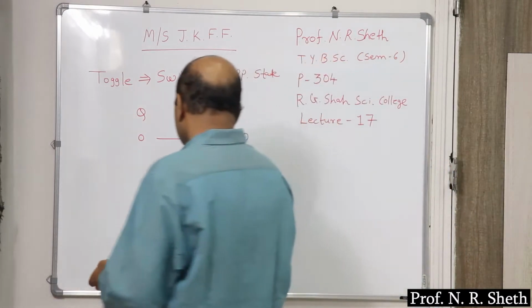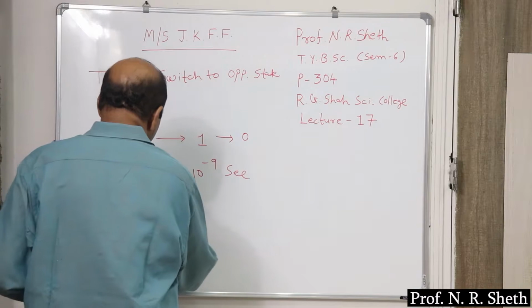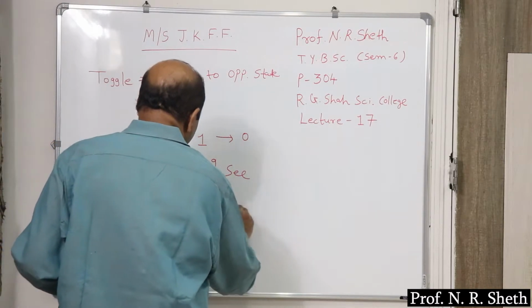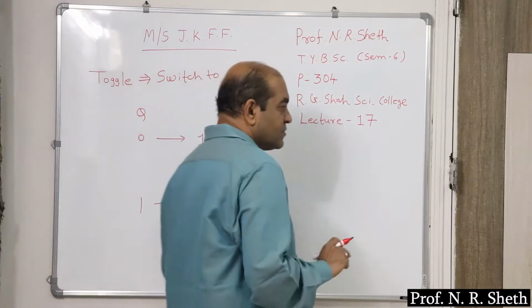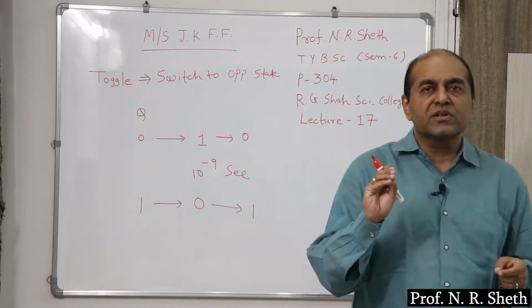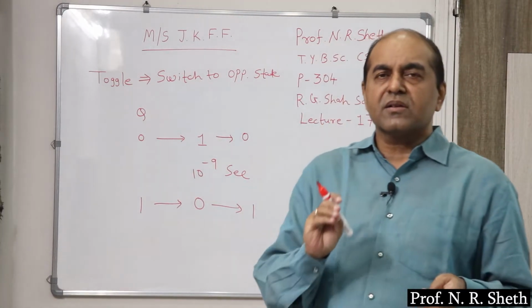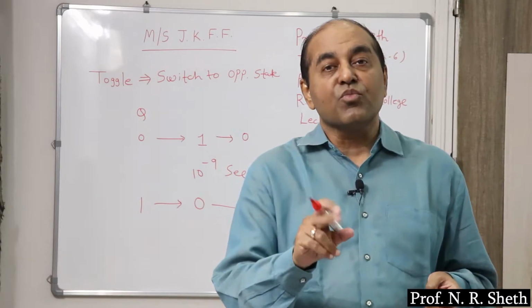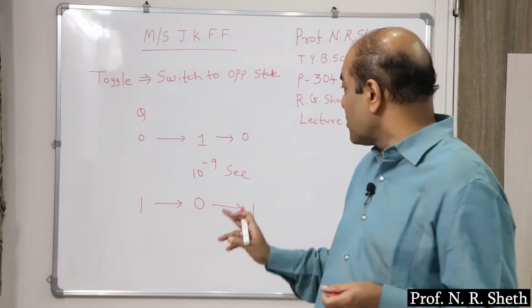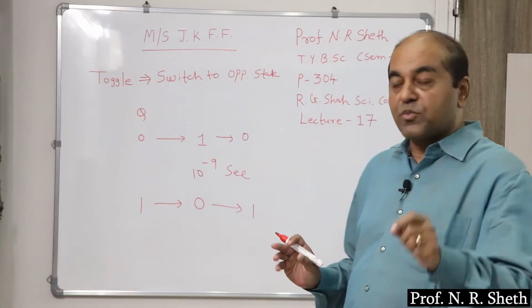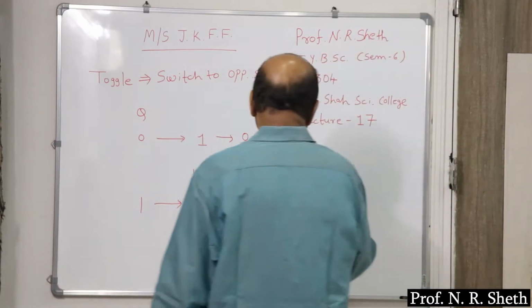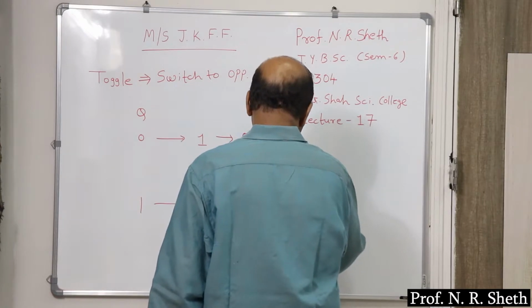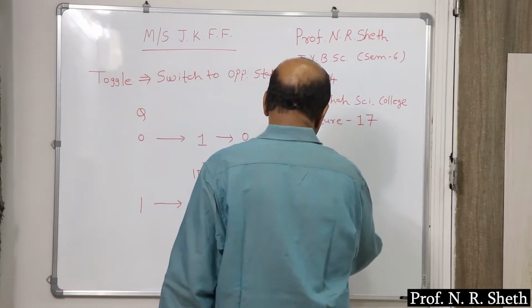Or if Q is 1 in previous stage, then on first toggling it becomes 0 and then it becomes 1. Normally this type of thing does not happen, but there are few chances that if toggling occurs more than once, then this problem arises, and the name of this problem is racing.